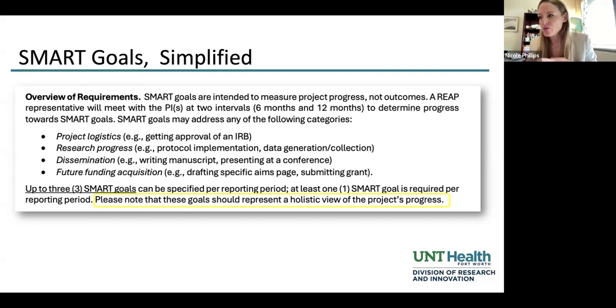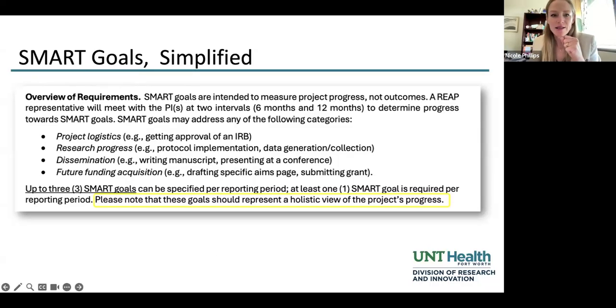If you only are submitting 1 SMART goal and it's something really nuanced and very specific and doesn't really represent progress as a whole, that may not be reviewed as a very valuable or meaningful SMART goal. So it should be some of the big indicators that you're moving in the direction you think you are to be successful and get this project complete.